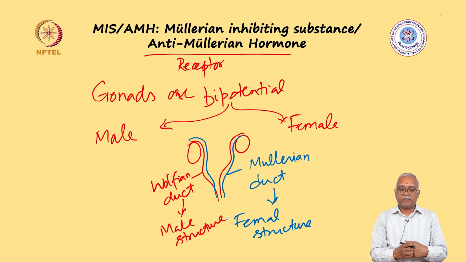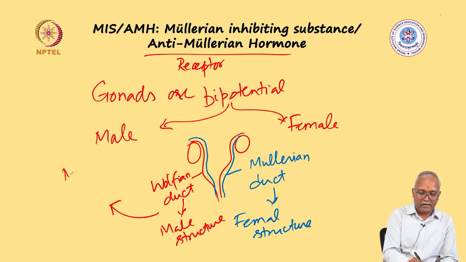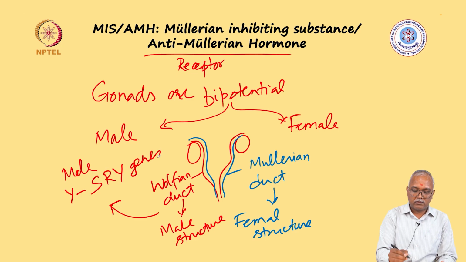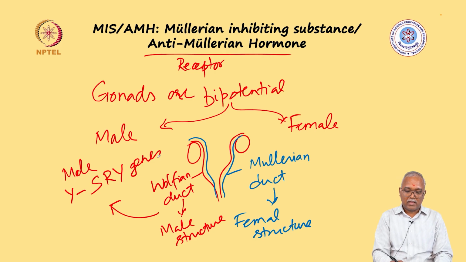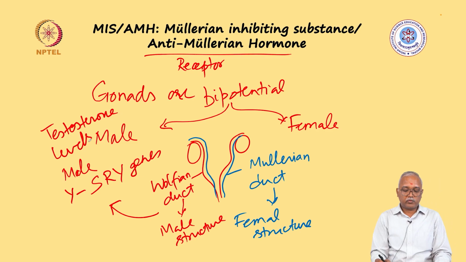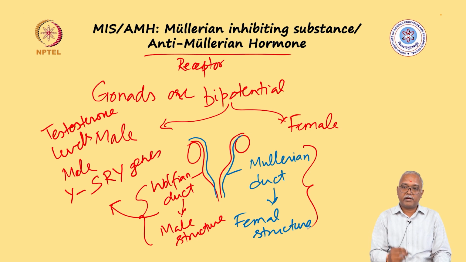So, in case of a situation where a fetus is destined to become male by virtue of having this chromosome Y, which has the genes which are called SRY family of genes, they help in this transition, as well as during the different growth period you have the testosterone levels which work to ensure that the differentiation is towards Wolffian duct type, not towards the Müllerian duct type.